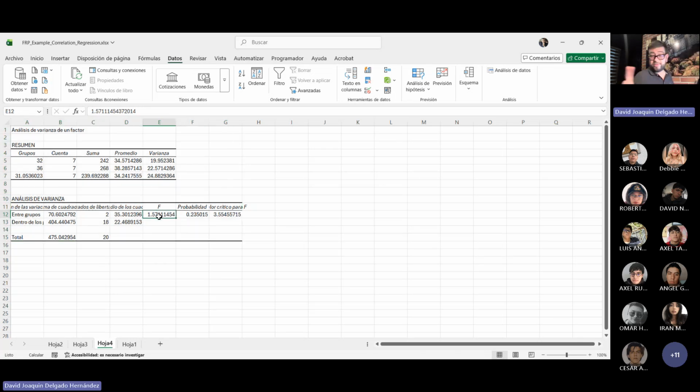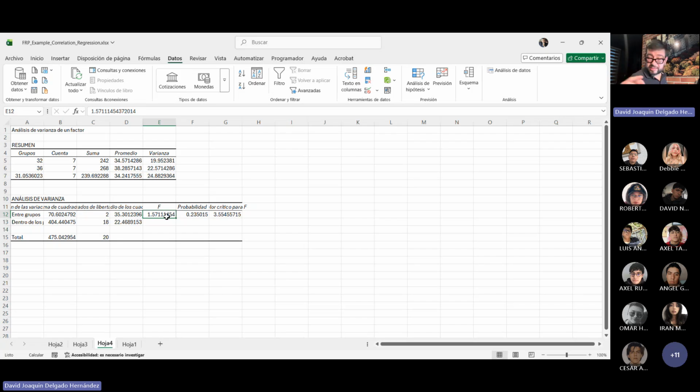And look, there is no difference. There is no difference because you have a small F, a small value of F. So that means that there is no difference. So apparently the additive doesn't make any difference in the resistance.